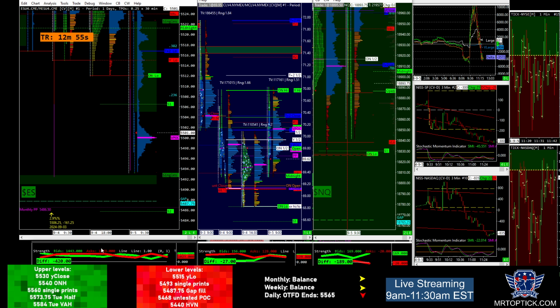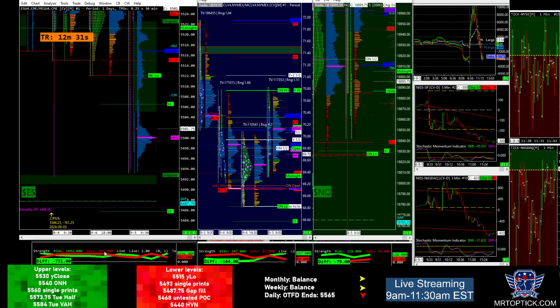When I see this high thousands, it's pretty much balanced, right? So for example, if now we see that they start pulling the offers and this red number goes down to like, I don't know, 500 or 300, and then the bid stays elevated, stays high, then there's a high possibility that we're gonna start moving higher.